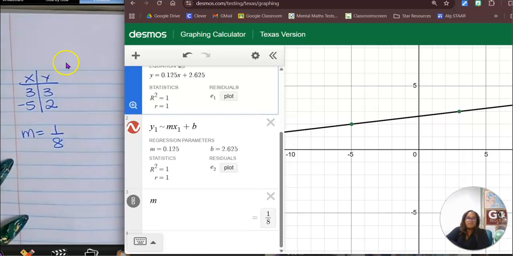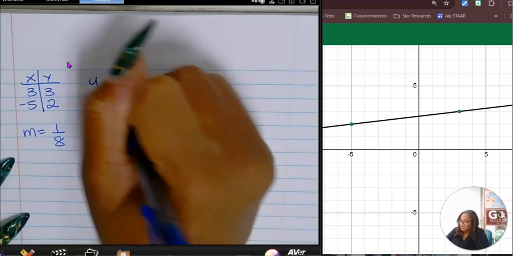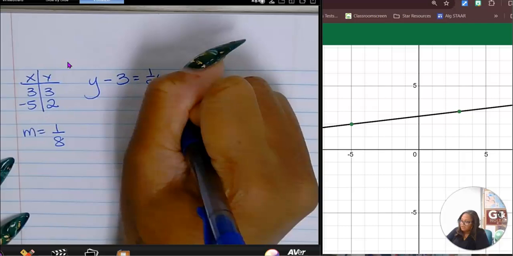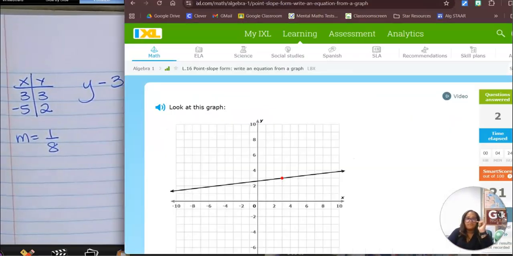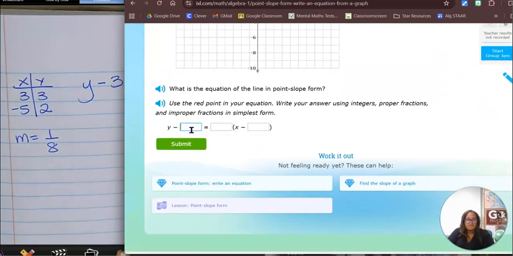So then my equation will be y minus 3 equals 1/8 times x minus 3. Let me double check and make sure that's the point that I was supposed to use. The red one, 3, 3. Cool. Y minus 3, 1/8, x minus 3.